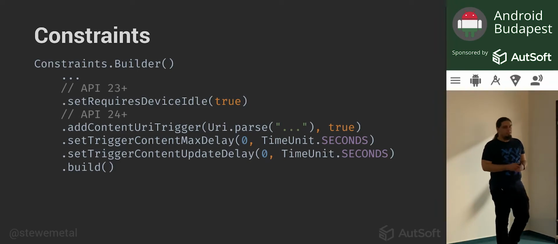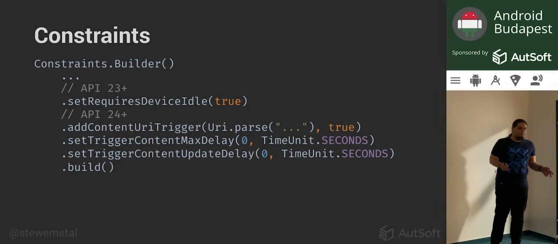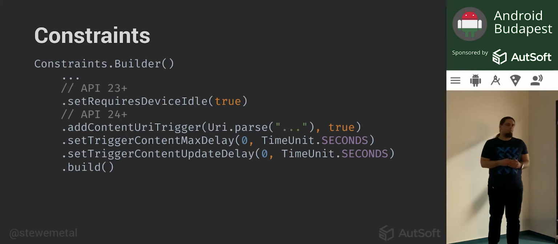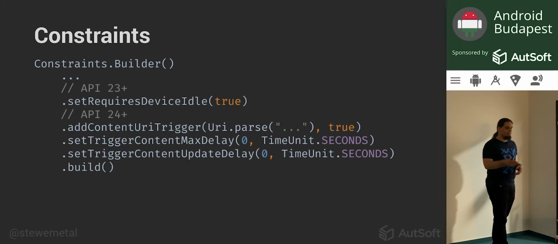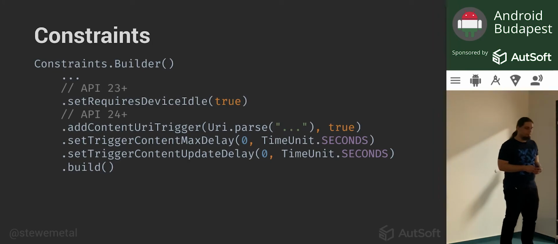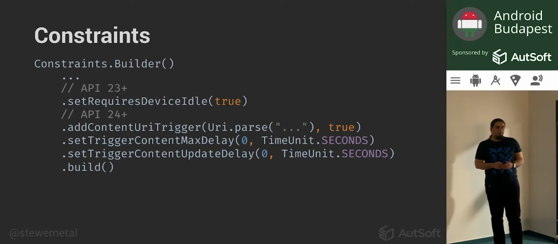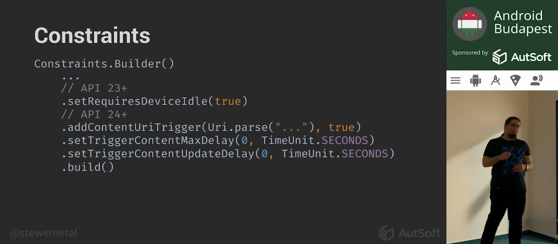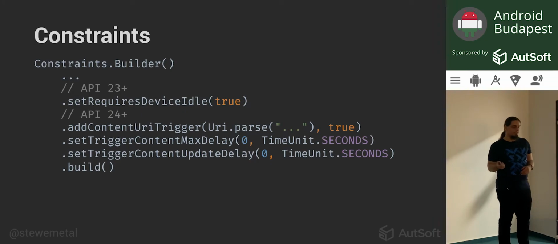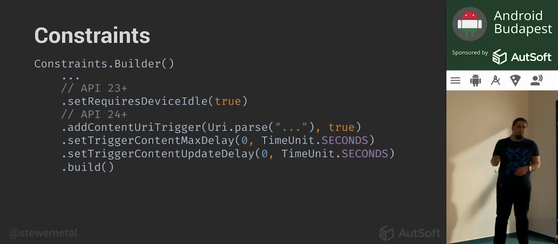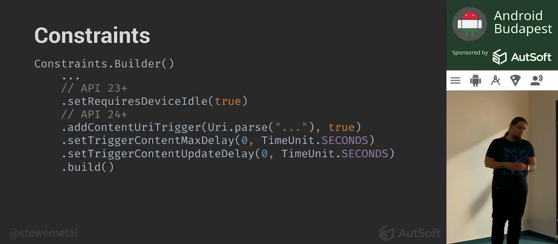Also, starting with API 24, we have the power to set triggers on actual resources defined by a URI passed to the addContentUriTrigger method. By doing this, WorkManager will actively listen to the changes of this resource, and it gets notified when the resource changes.